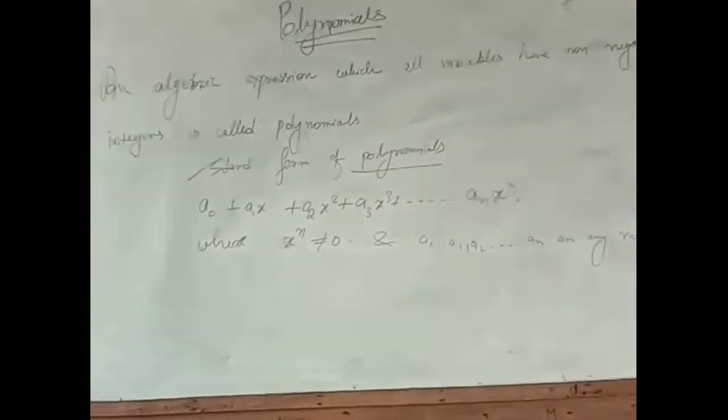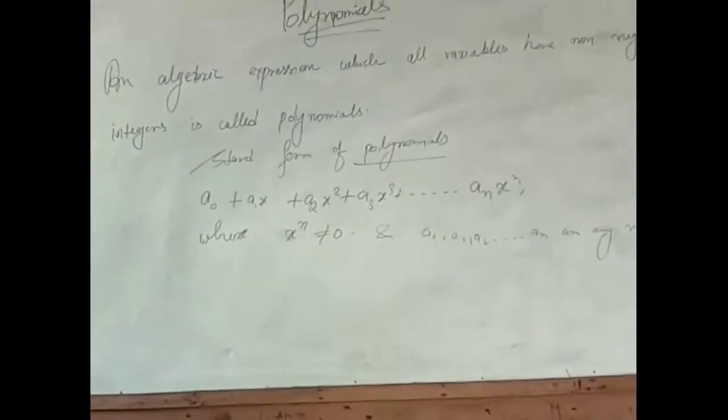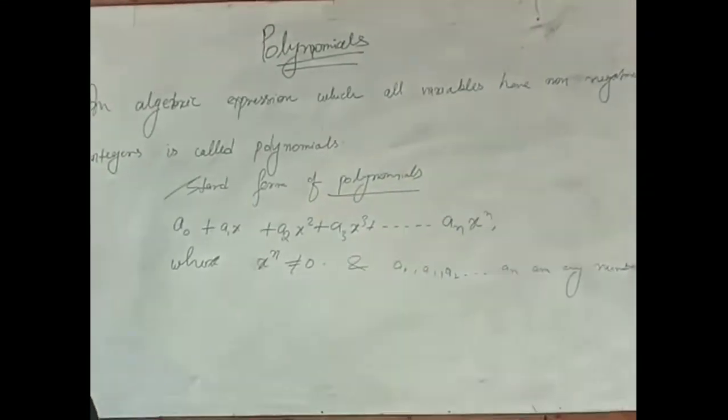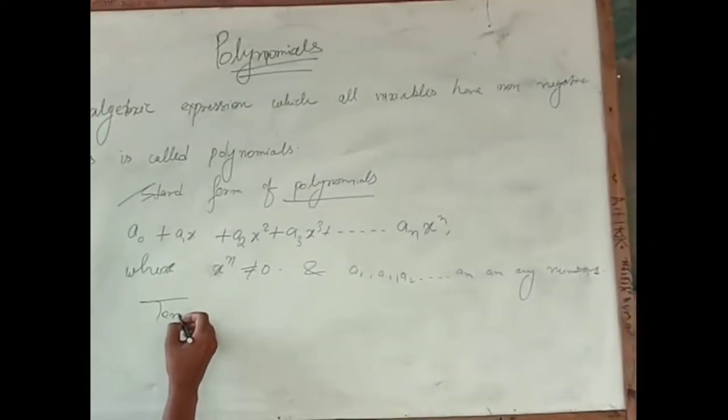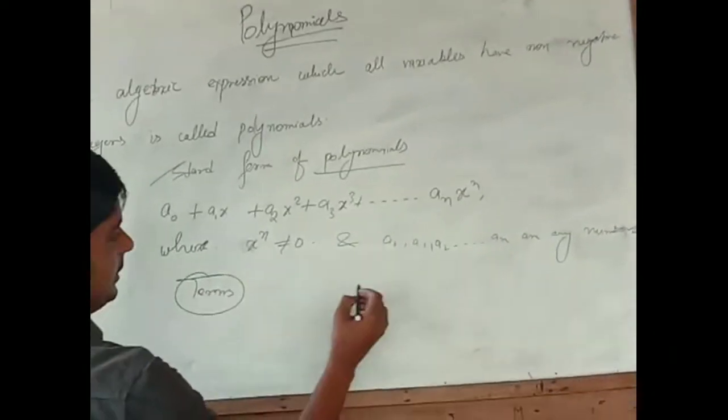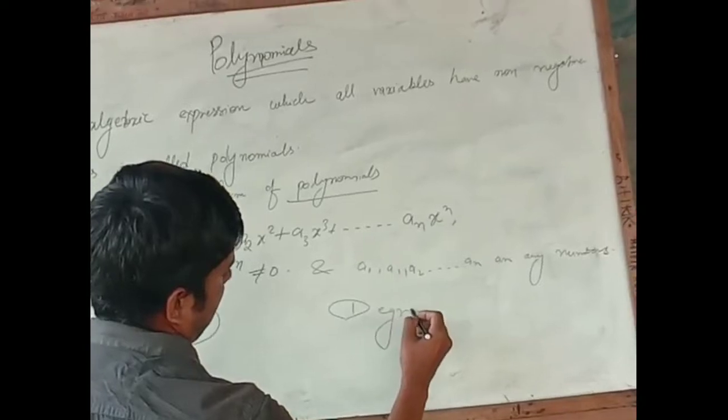Now a polynomial has two things: one is terms and one is degree.